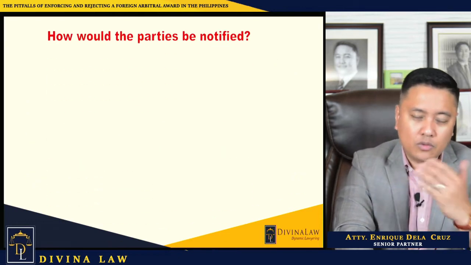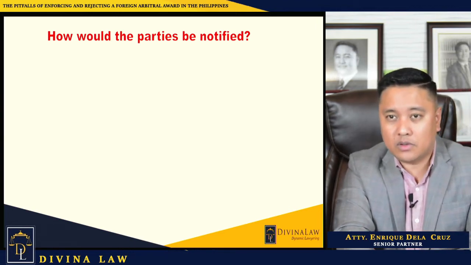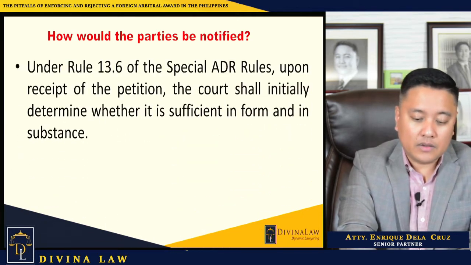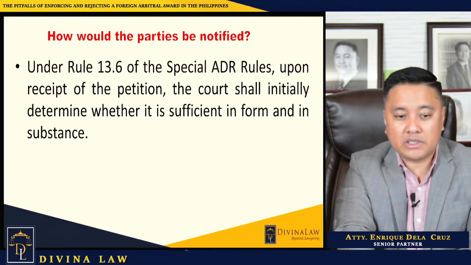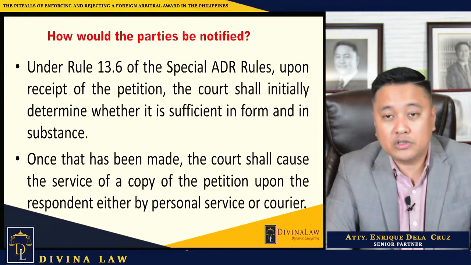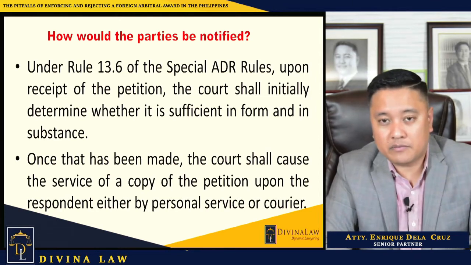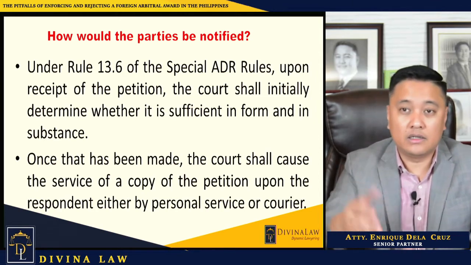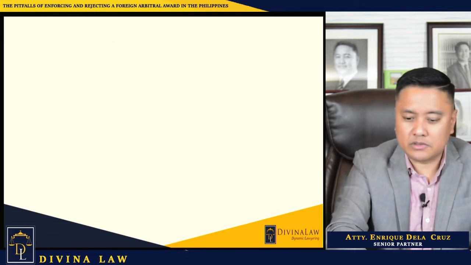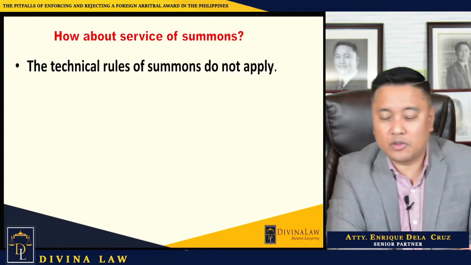Now, how would the parties be notified if an action to enforce or reject a foreign arbitral award is filed? Under Rule 13.6 of the Special ADR Rules, they will be notified by personal service or by courier. And if they cannot be served by personal service or courier, then registered mail will do. How about summons? Well, the technical rules of summons do not apply.